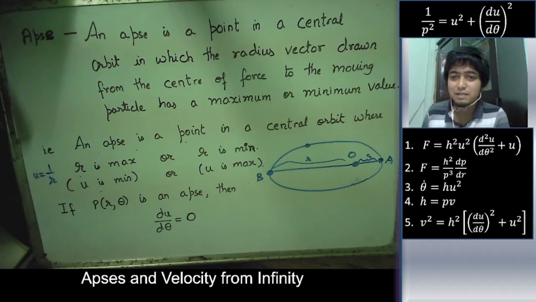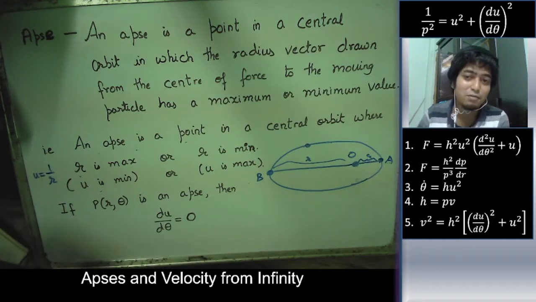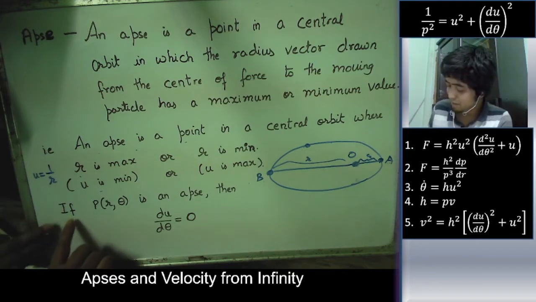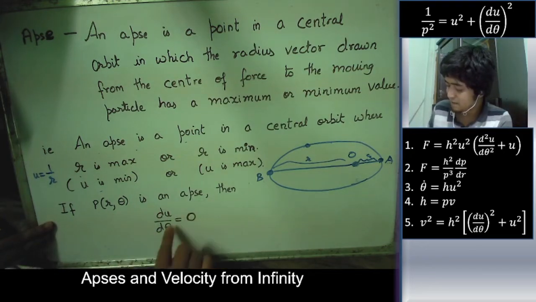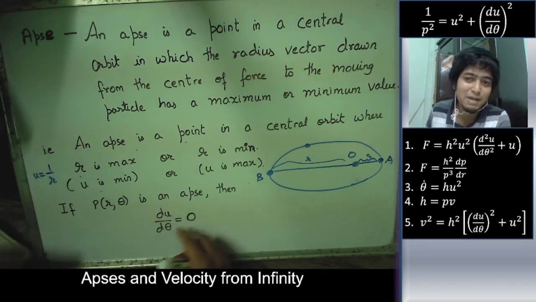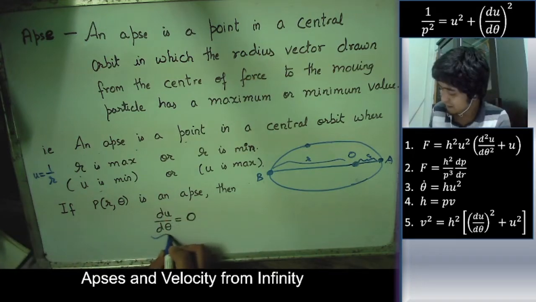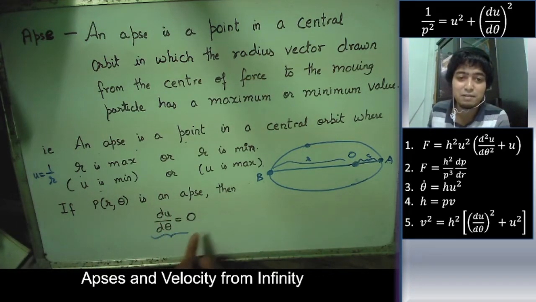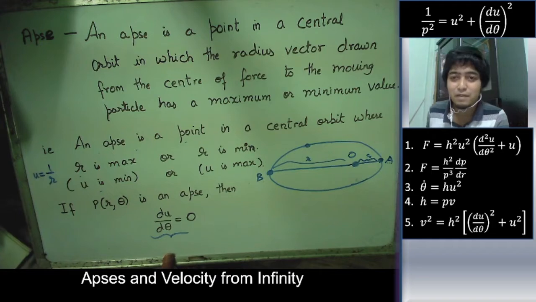If you notice, an apse behaves as a local maximum or local minimum. So if P(r, theta) is an apse, remember by using derivatives, it is a point of local maximum or minimum whenever du d theta is equal to 0. How exactly do we know this?